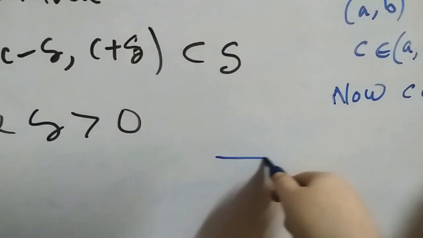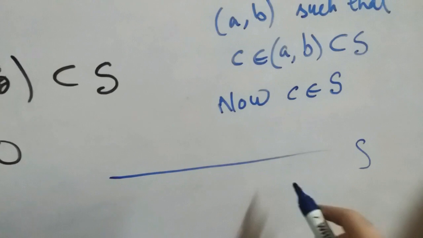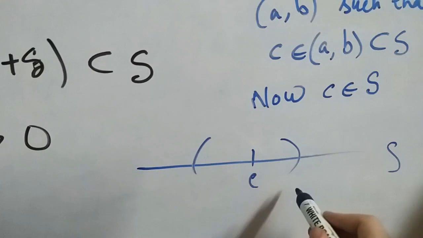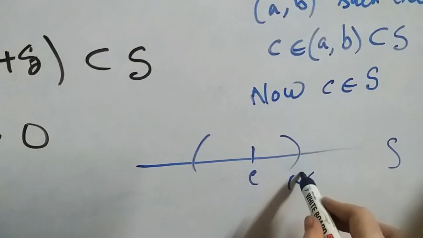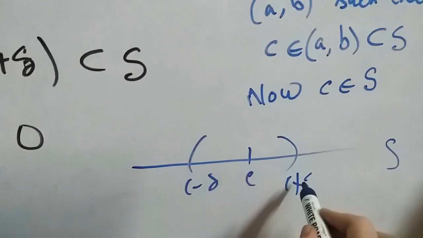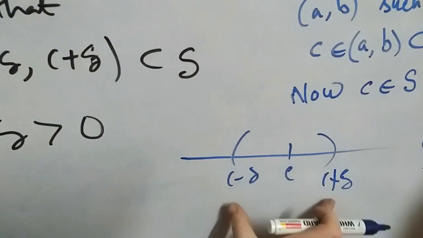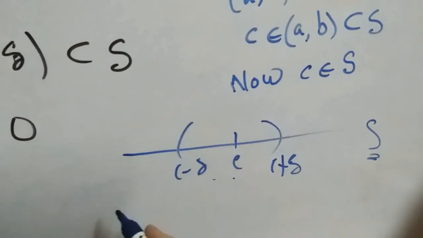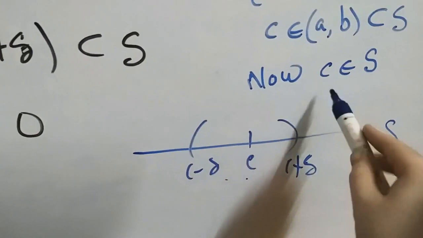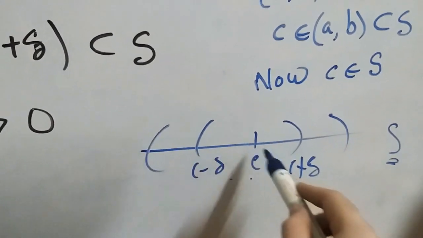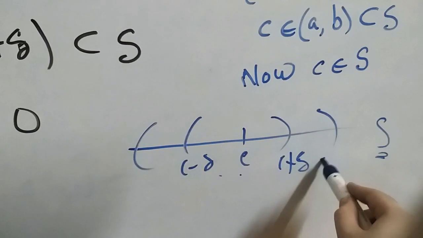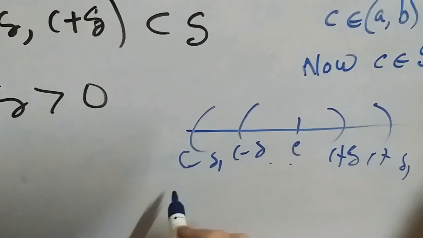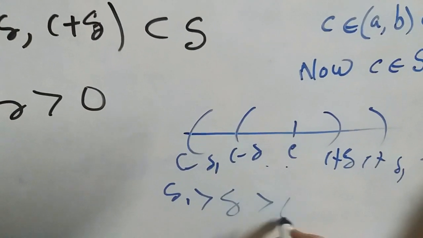Now the set S contains C. So if there exists (C minus delta, C plus delta) such that this interval is contained in S, then S is called a neighborhood of C. If we increase delta, suppose this is C minus delta 1, C plus delta 1, where delta 1 is greater than 0.